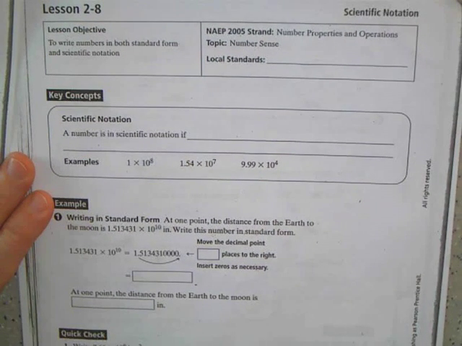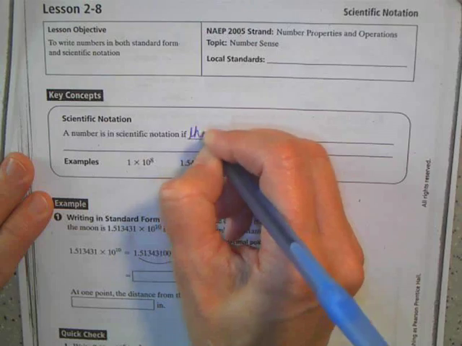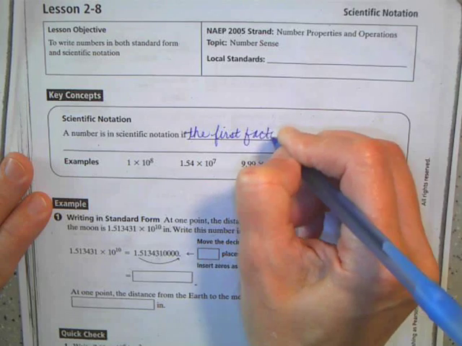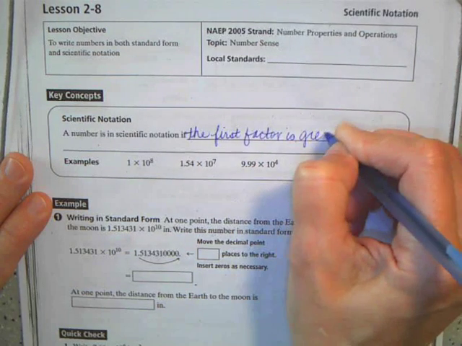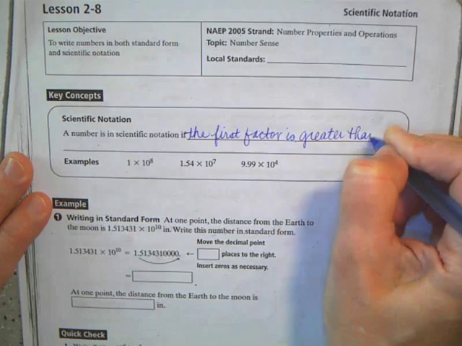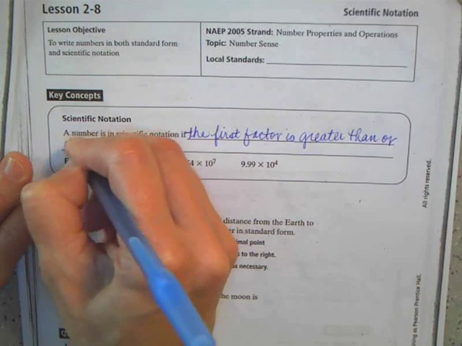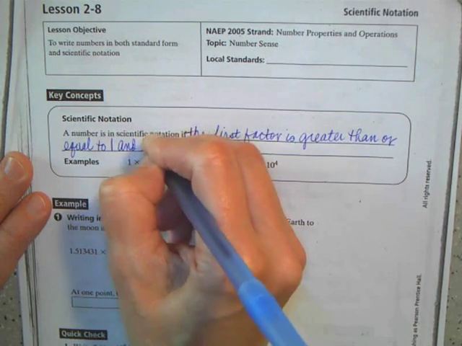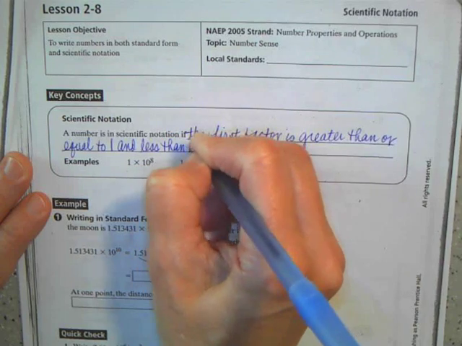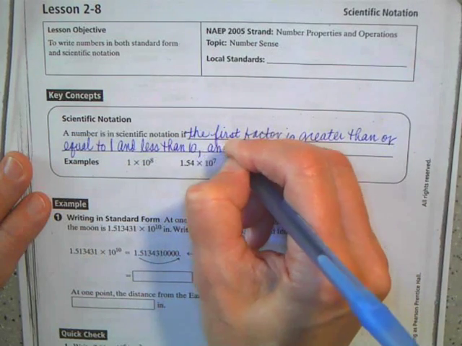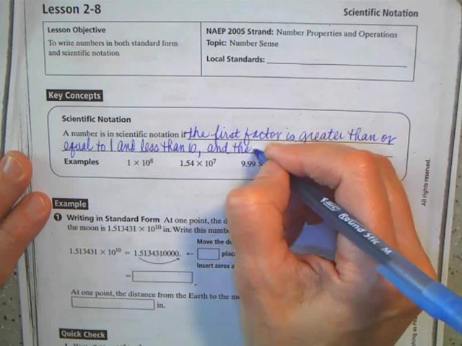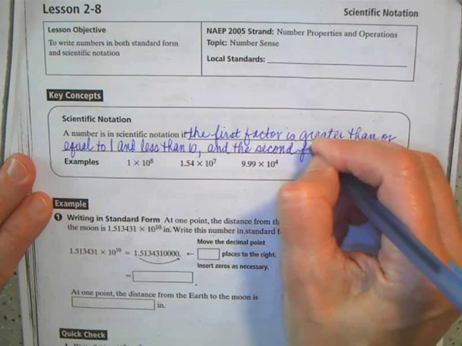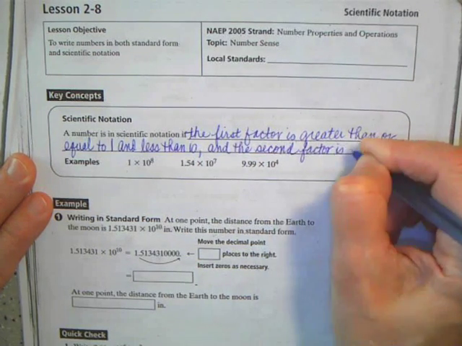A number is in scientific notation if the first factor is greater than or equal to 1 and less than 10, and the second factor is a power of 10.